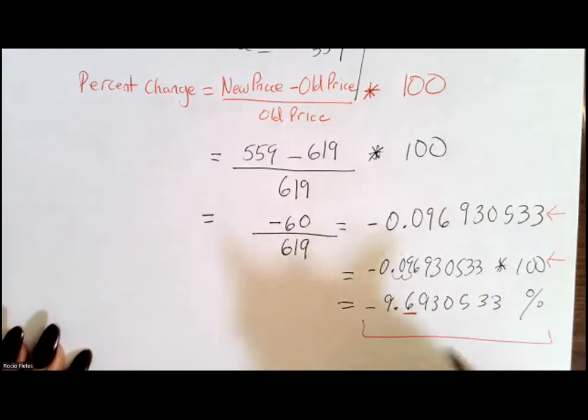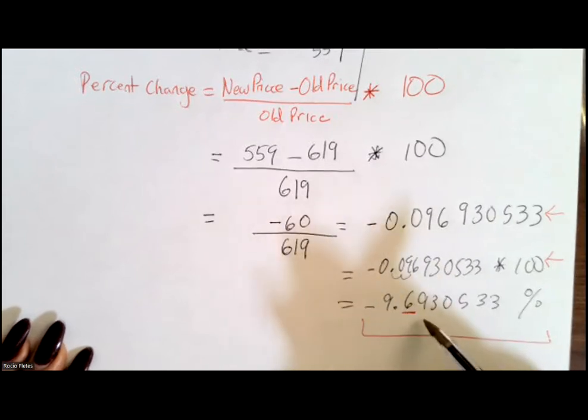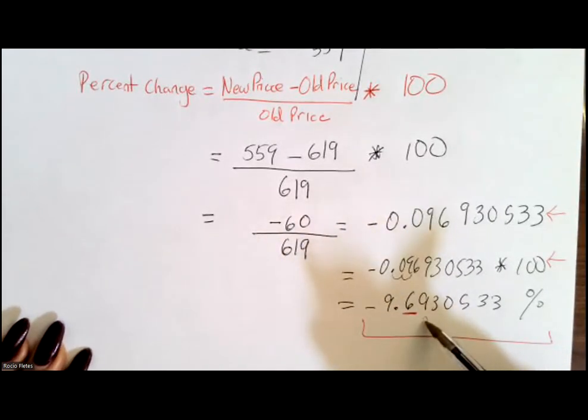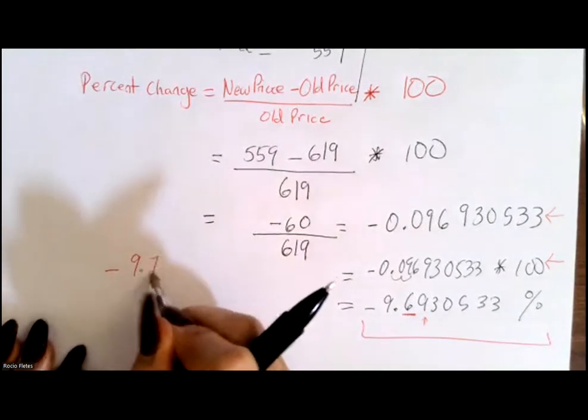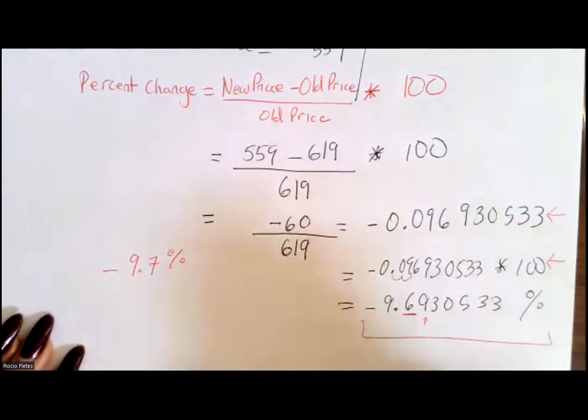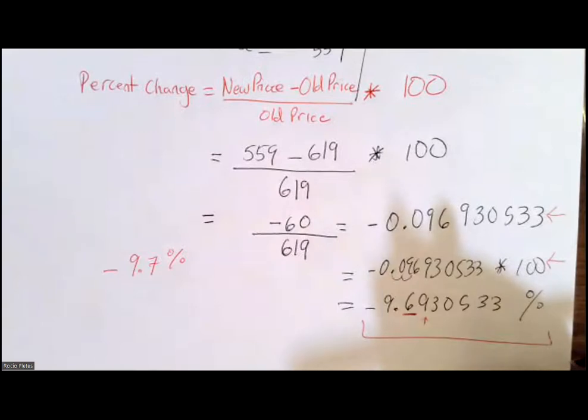So when I round to the nearest tenth of a percent, I look for the 10th place. And because the number next to it is a 9, that means that I'm gonna round up to 7 here. So it's gonna be a negative 9.7%. The negative simply means that it dropped.